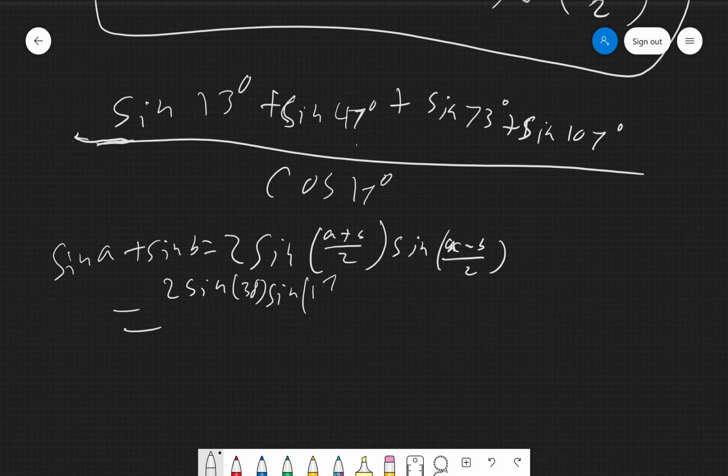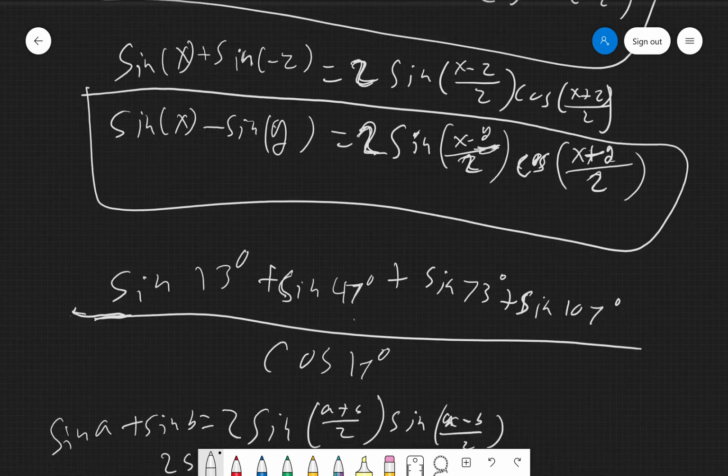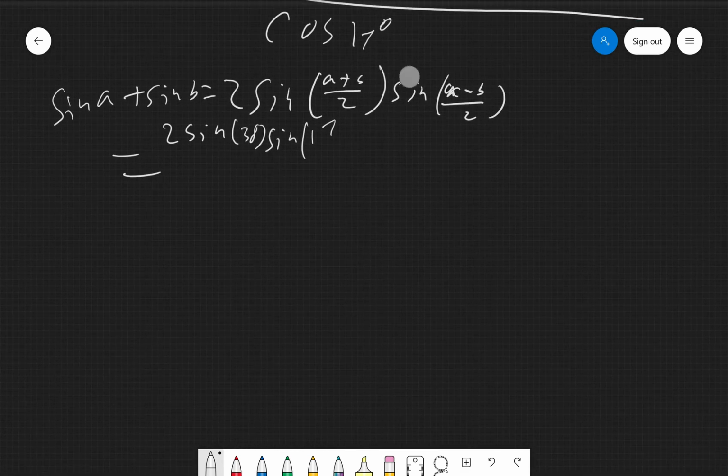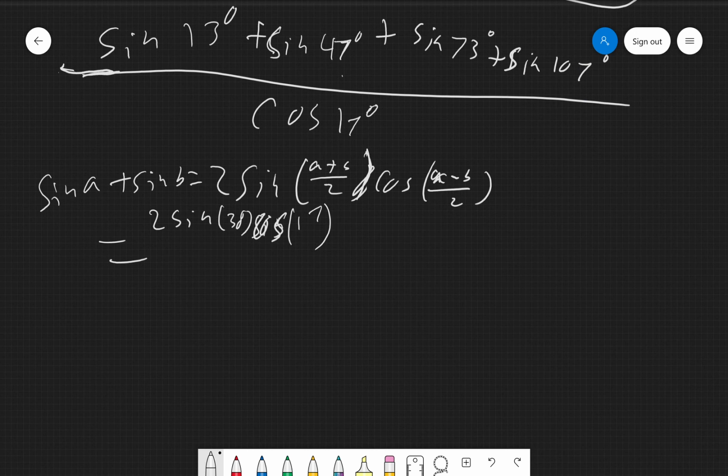And I thought this was getting nicer, bro. Apparently it's not. Wait, did I do this wrong again? Oh, cosine of x minus. Oh my god. Guys, I'm the best. No doubt about that. Sorry, cosine of 17, because that makes it better. Although I just noticed that there's a cosine of 17 at the bottom. Maybe something's gonna cancel. Yes, hopefully.